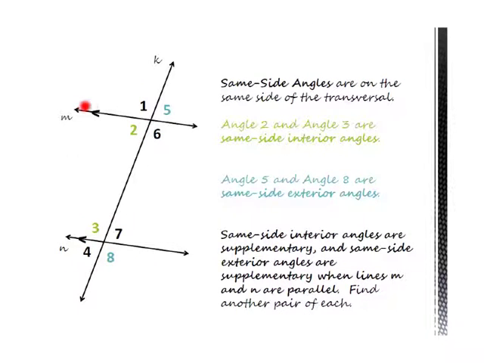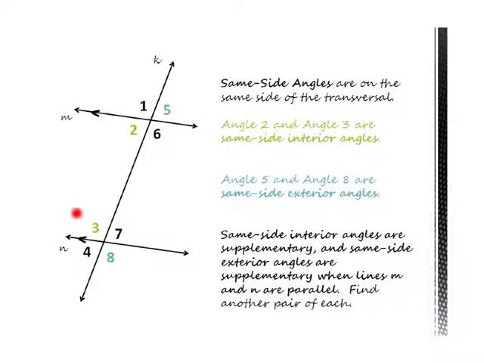Your same side interior angles, or consecutive angles, lie on the same side of the transversal, inside or on the interior of your parallel lines. So angle 2 and angle 3 are same side interior angles. Same side exterior angles lie on the same side of the transversal, but on the outside or exterior of your parallel lines.